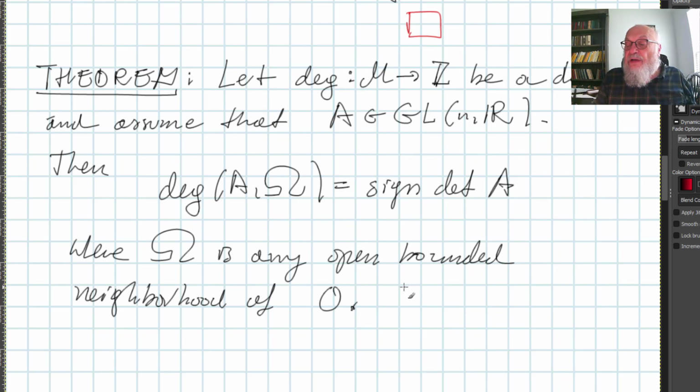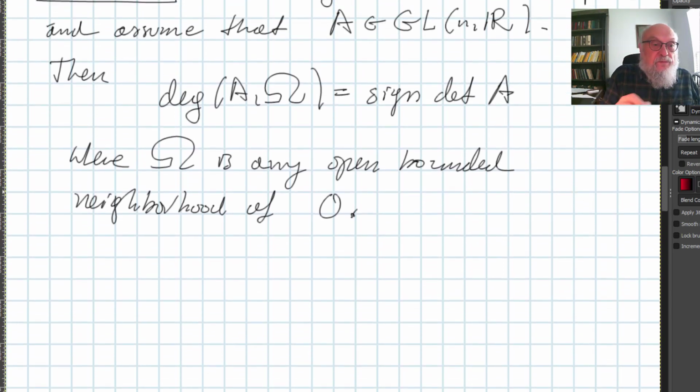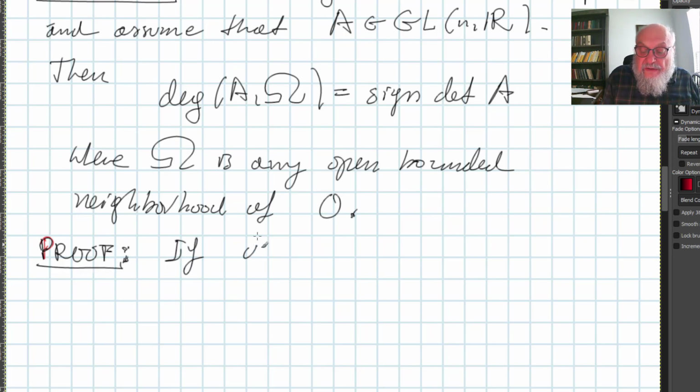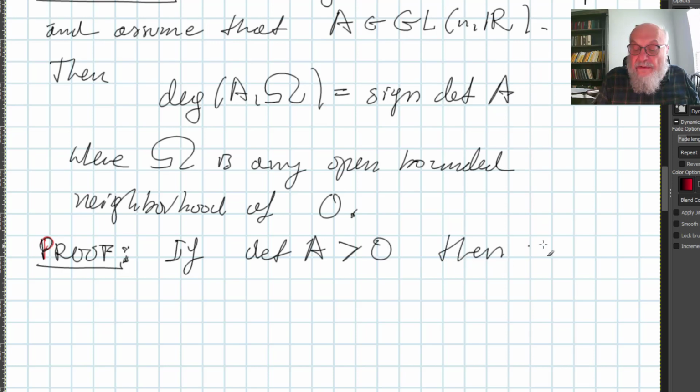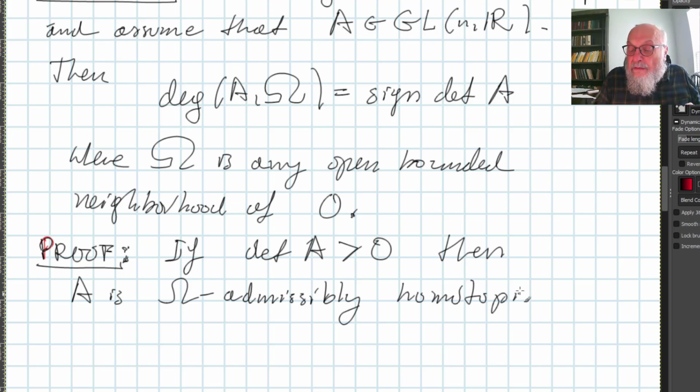The proof of this statement is based on two steps. Proof: if the determinant of A is positive, then A is omega-admissibly homotopic to identity.